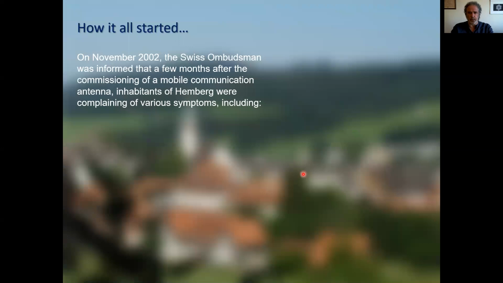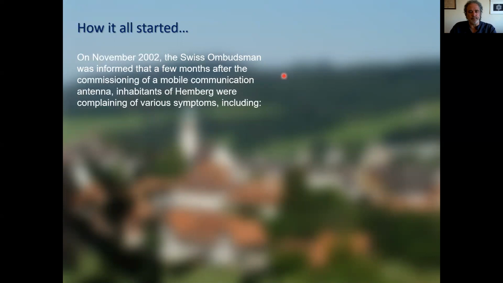So how did it all start? Well, it started in November 2002, when the Swiss Ombudsman's Office received a complaint. For those who are not from Europe, the Office of the Ombudsman is a specialized office within the government, and it's in charge of receiving complaints that relate to civic matters or citizens.